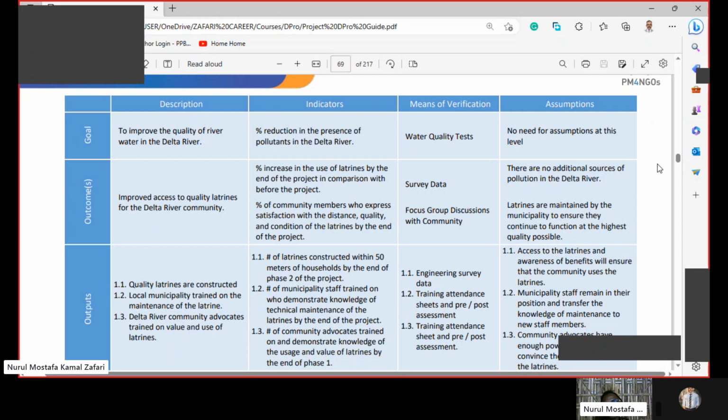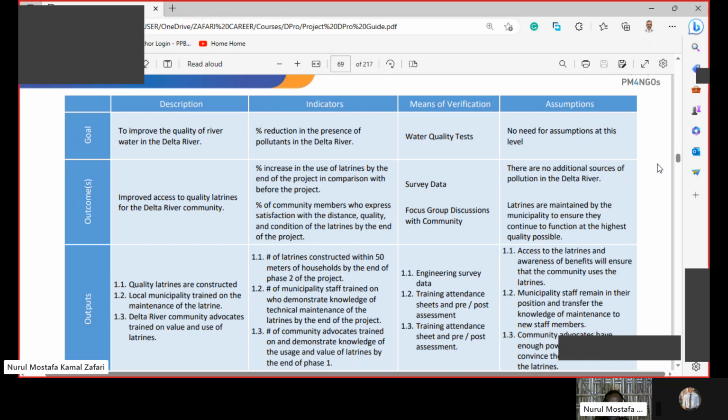The goal is to improve the quality of water in the Delta River. The indicator is percent reduction in the presence of pollutants in the Delta River. So before starting the project, we have a water quality test report. Now, after implementing the project, we have another quality test report.